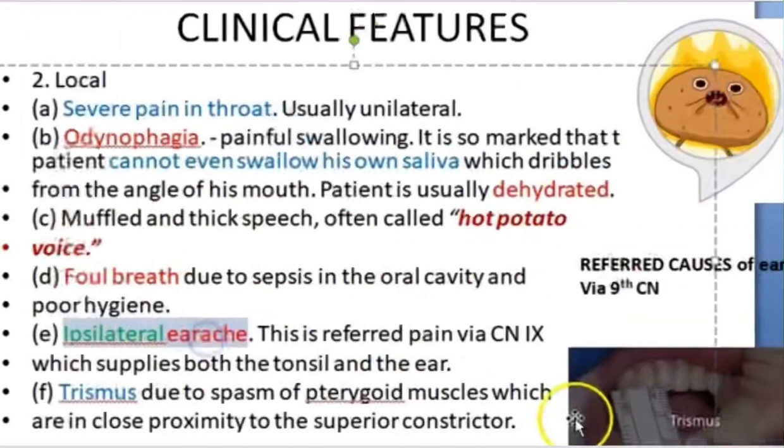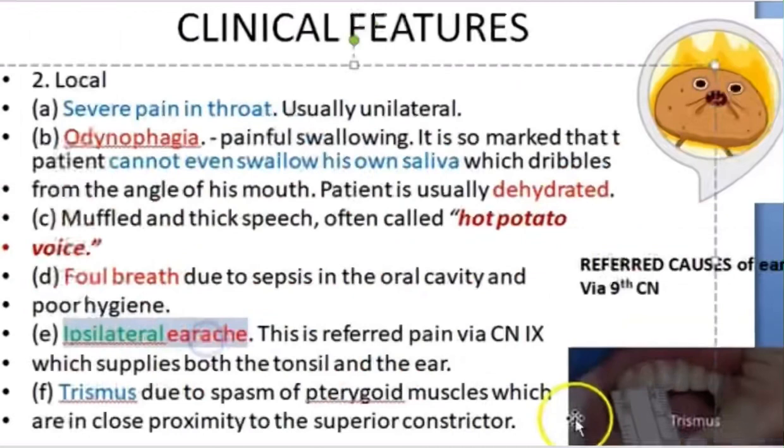This is referred pain via cranial nerve 9, which supplies both the tonsils and the ear. You see, the glossopharyngeal nerve, which is supplying both the tonsils as well as the ear, is going to be affected here. Since the same glossopharyngeal nerve supplies the ear as well as the tonsil, it is going to cause a referred pain. From the tonsil, the pain is referred to the ear. So there is ipsilateral ear ache.